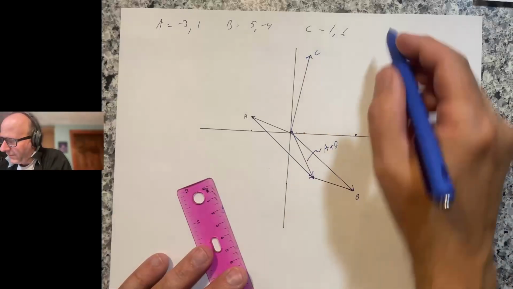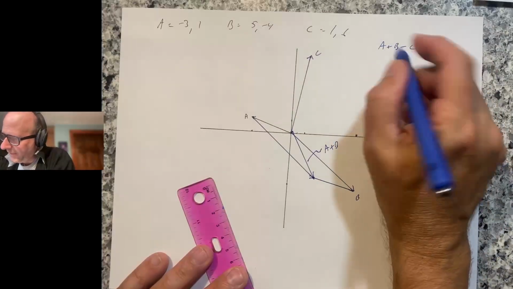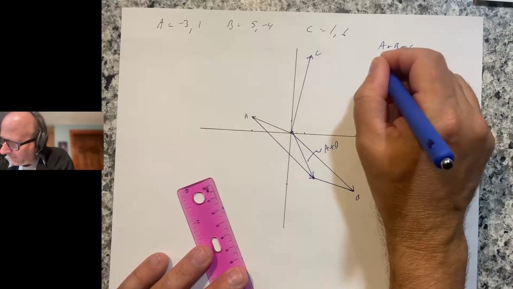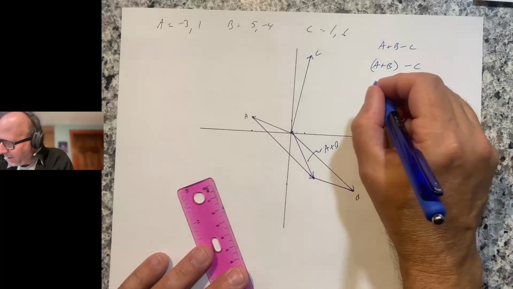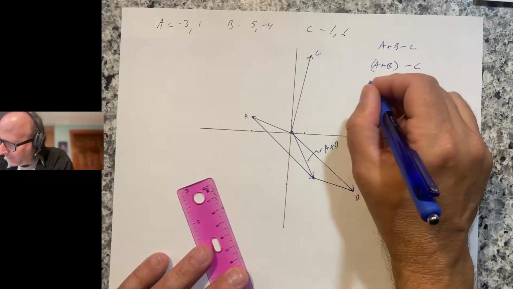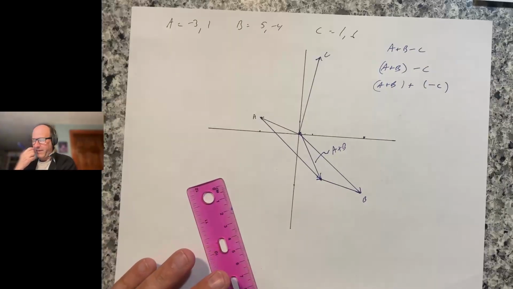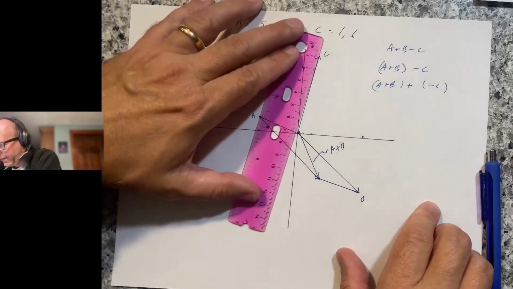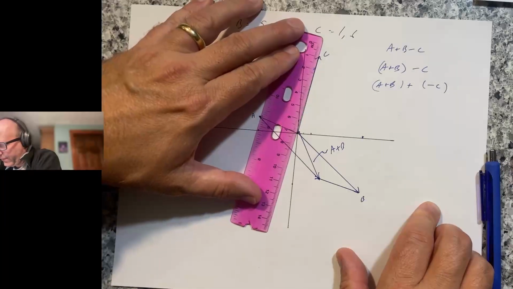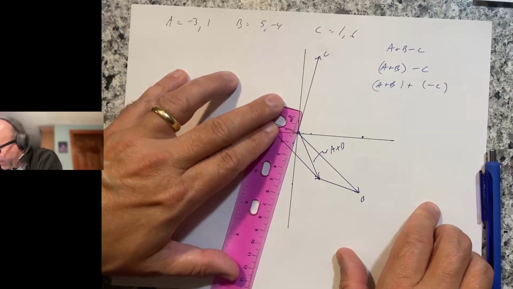Now I want to do A plus B minus C. Now this is the same as saying A plus B plus negative C. So I can start with that vector, that's A plus B, but I can do A plus B plus negative C. Right. So these are all the same. And negative C is essentially this same vector here, dropped down onto this side.